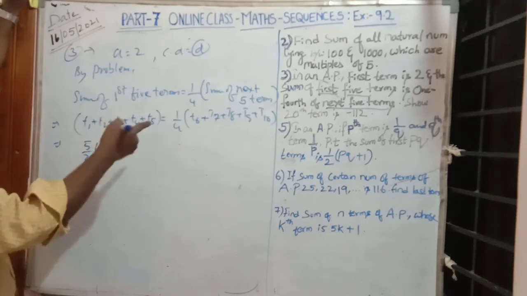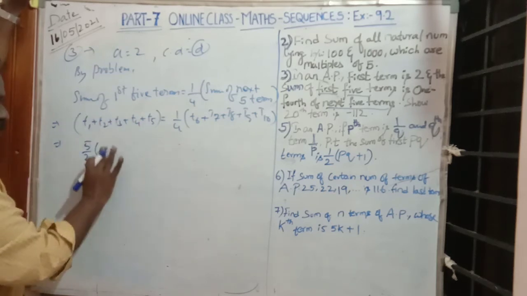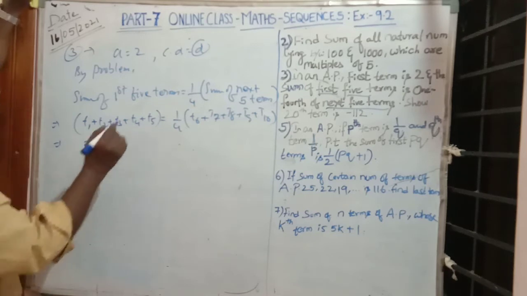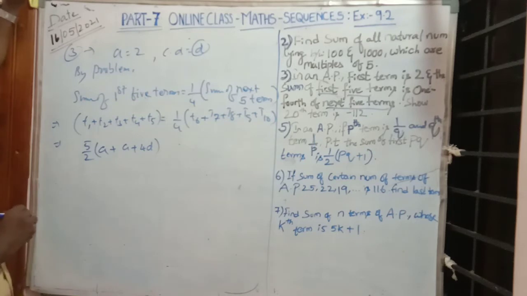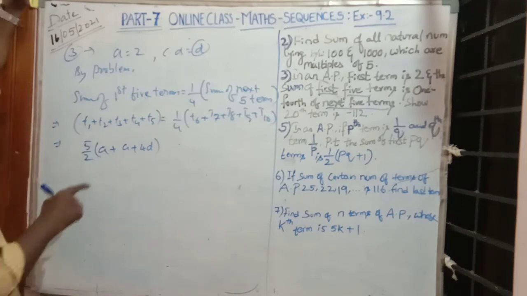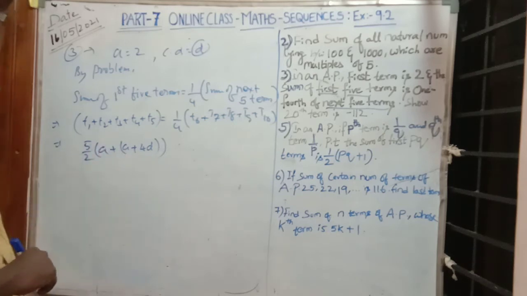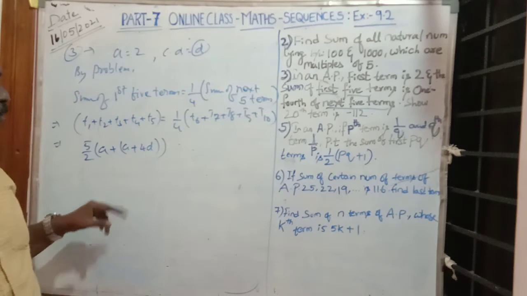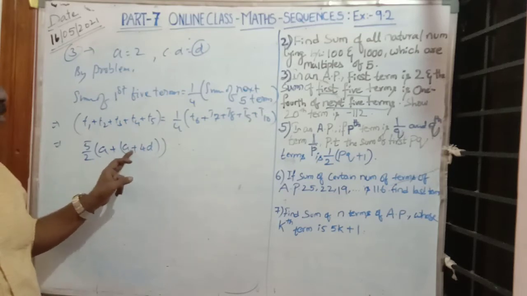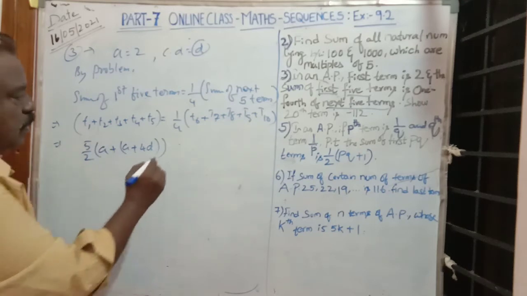And the last number is T5, which is A plus 4D. T1 is nothing but A, so A plus L is A plus A plus 4D, the fifth term, the last one.